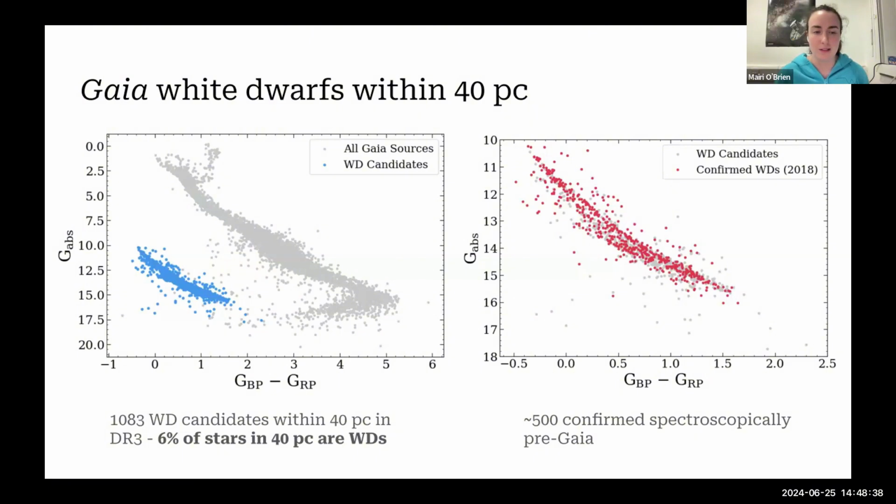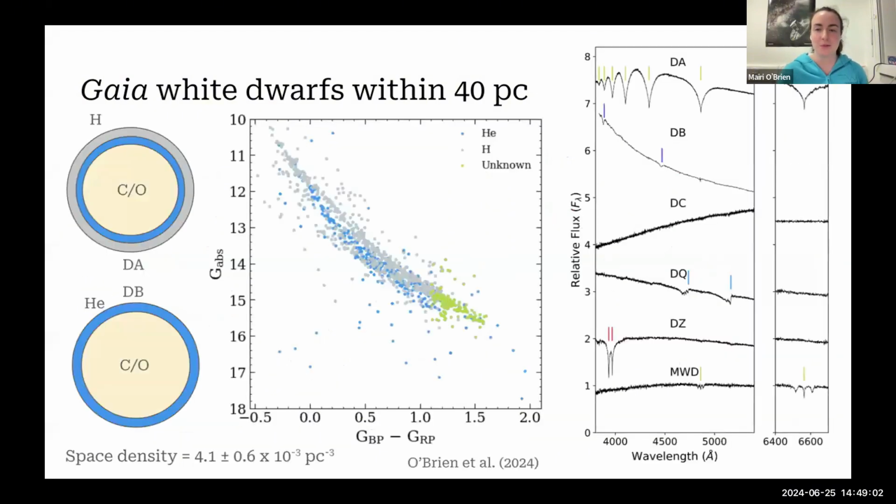And that means that compared to all the main sequence stars in that volume, roughly 6% of stars in that 40 parsec volume are white dwarfs. Before Gaia Data Release 2, just under half of those white dwarfs in that volume were confirmed with spectroscopic follow-up. So between 2018, Gaia DR2, and now we have observed the other 600 white dwarfs to confirm their spectral type.